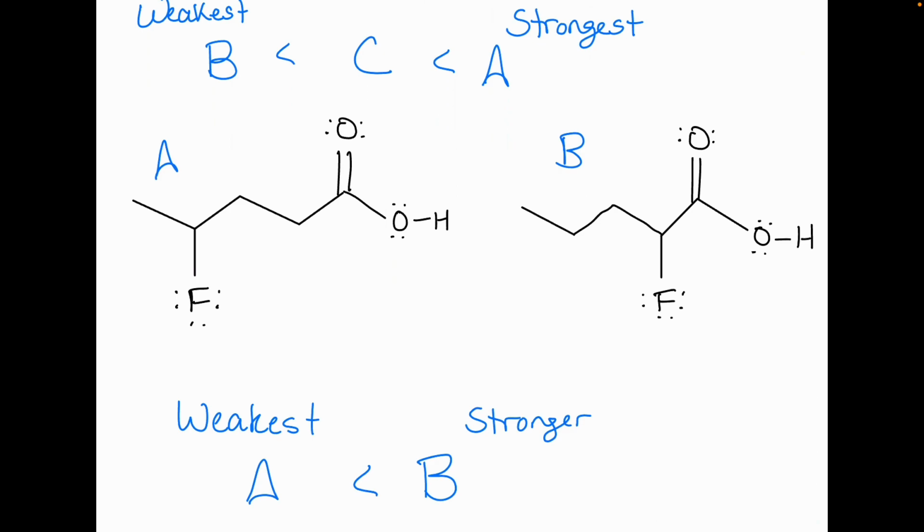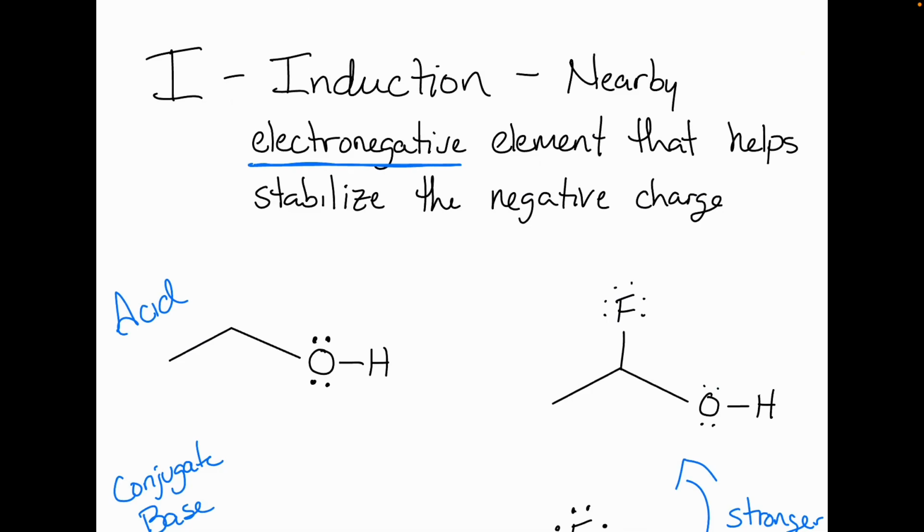When this thing becomes its conjugate base, that negative charge is going to be sitting on that oxygen atom. The fluorine can do a better job of stabilizing that negative charge the closer it is. Okay, so the I in ARIO stands for induction.